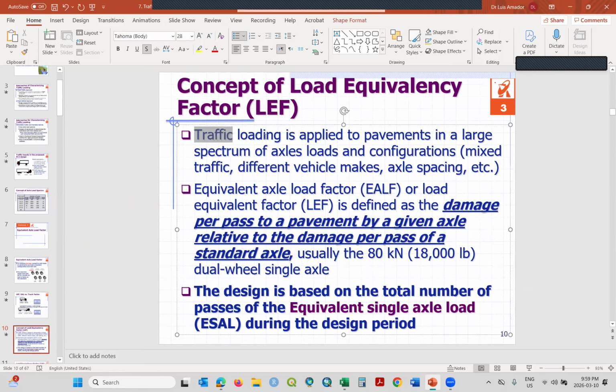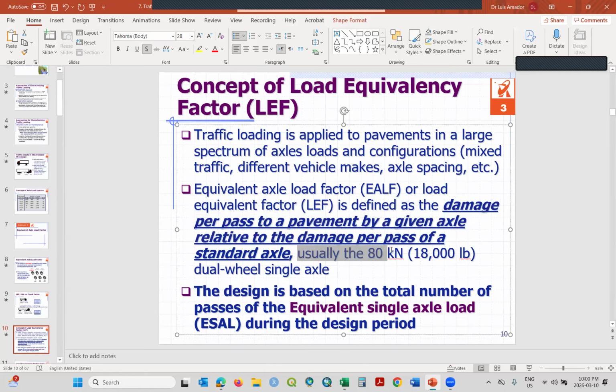Now, we will take all the traffic, all the different types of loads, axles, and configurations, and bring everything into this equivalent axle load factor. This will give us the damage by a given axle relative to the damage of the standard axle, as I have been explaining.